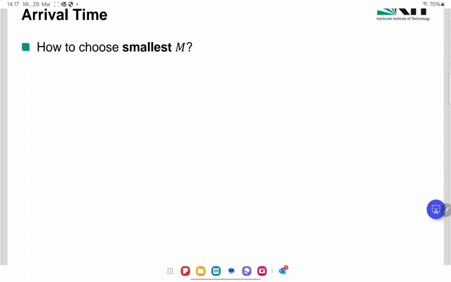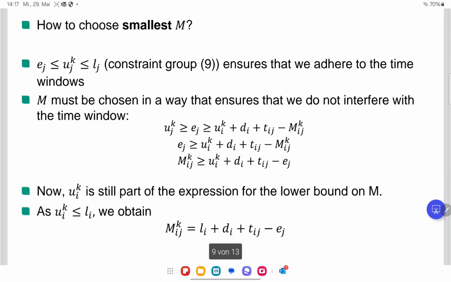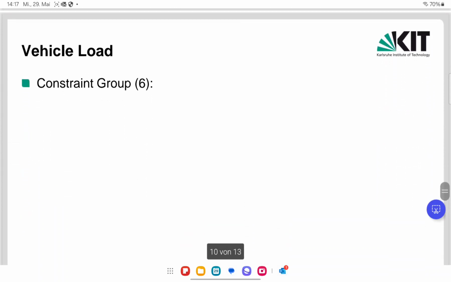Okay, the next one, so again you can see it here. If you need a nice handwriting, then you can check that one. So the second constraint group that was nonlinear is the vehicle load. This is constraint group 6.